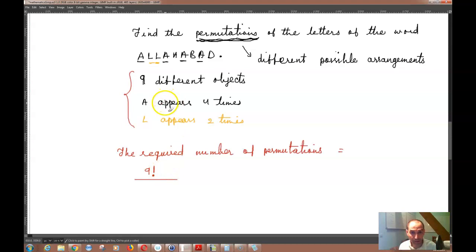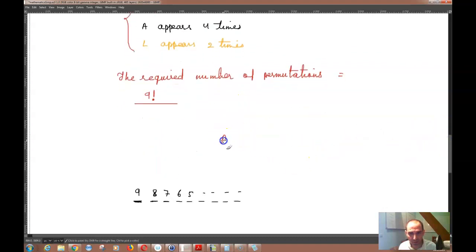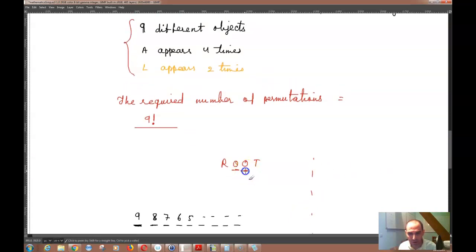And then, of course, I have to take these out. Since A has appeared 4 times, again, I would get into that problem of the word root, right? So I had these two O's over there, and then I would get all of those repeated results. So I have to calculate the permutation related to these repeated letters, and then divide this expression by that value.